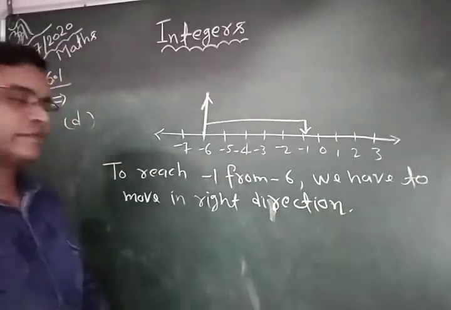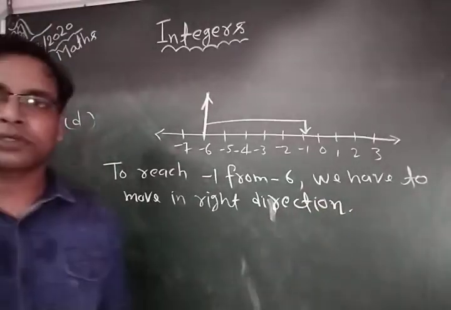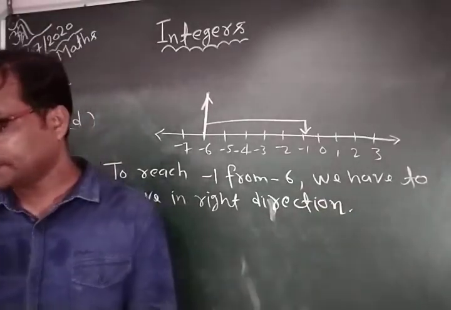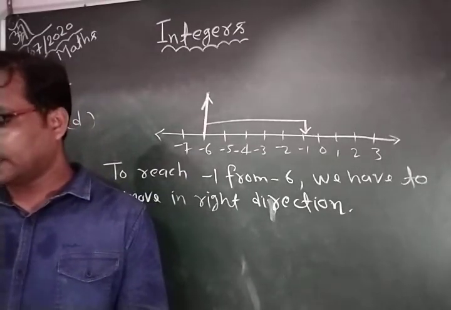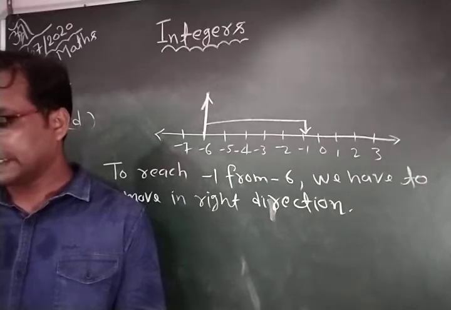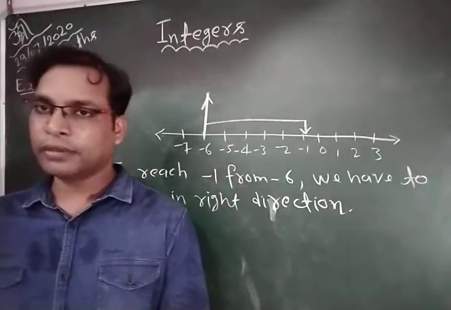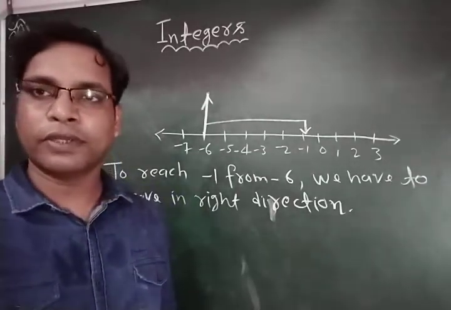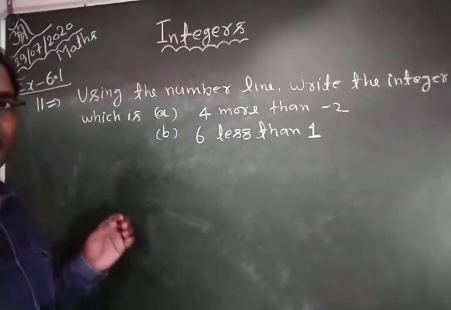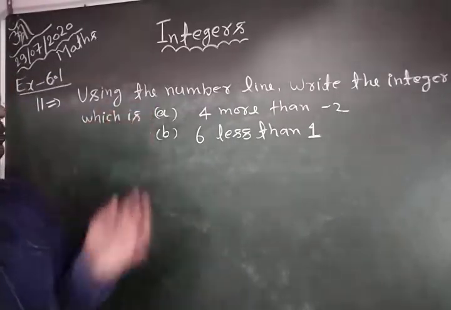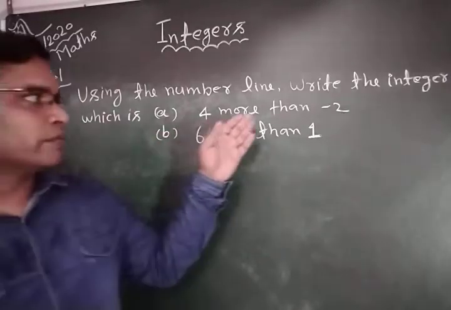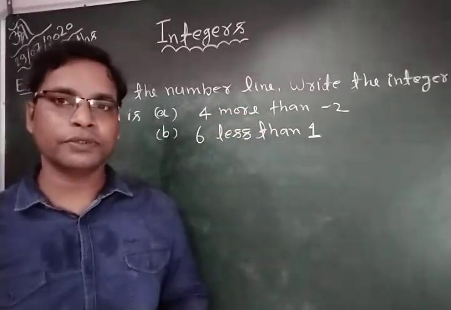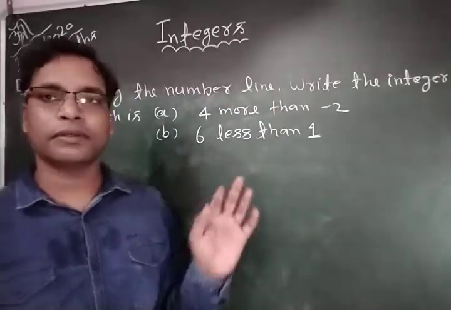Okay, this is clear. Now the next question is: using the number line, write the integers which are 4 more than -2 and 6 less than 1.